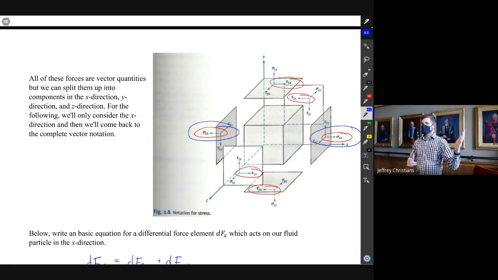If you're pushing with 999 newtons and 1,000 newtons, your net force is 1 newton. So we don't really care about the exact value of either side. We care about the difference between the left side and the right side. And the same for the top and the bottom. We don't care about the exact value at the top and the bottom. We care about any differences between the top and the bottom.